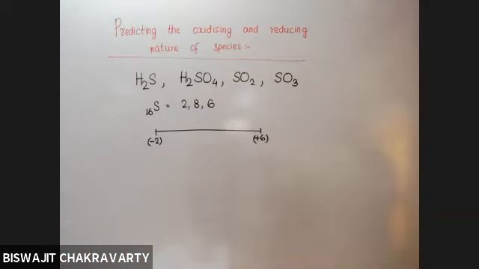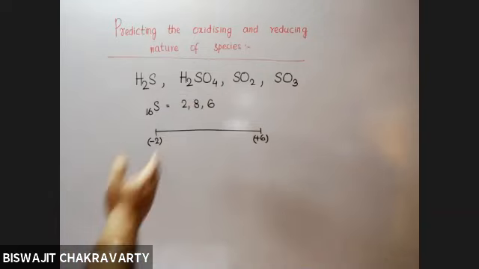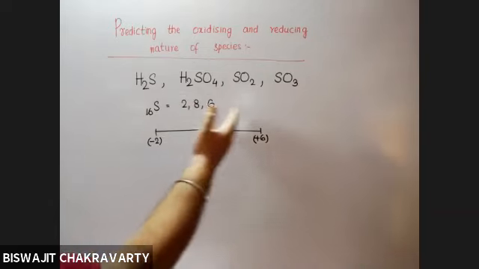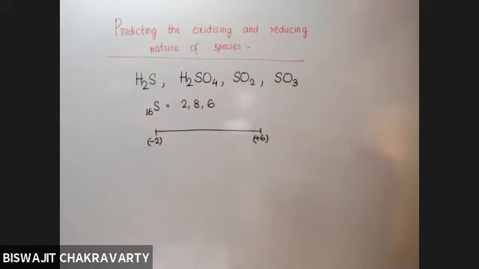If it gains 2 electrons, it becomes 2, 8, 8, which is a stable configuration. And if it loses 6 electrons, it becomes 2, 8. So gaining 2 electrons will be -2 and losing 6 electrons will be +6, which means the lowest possible oxidation number for sulfur in any compound is -2 and the highest is +6. Clear?